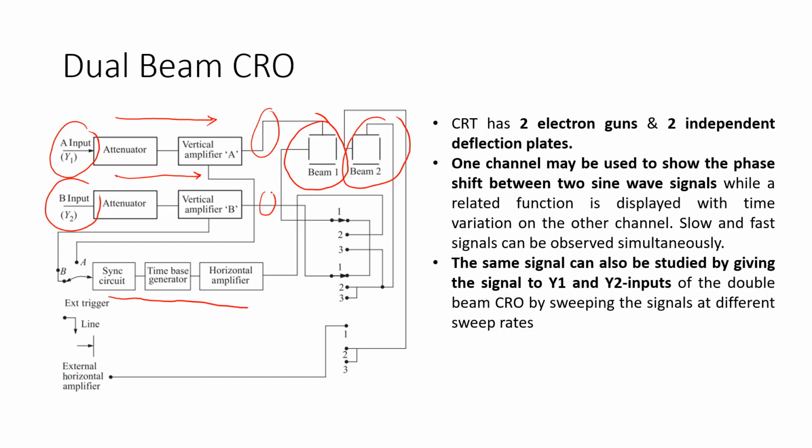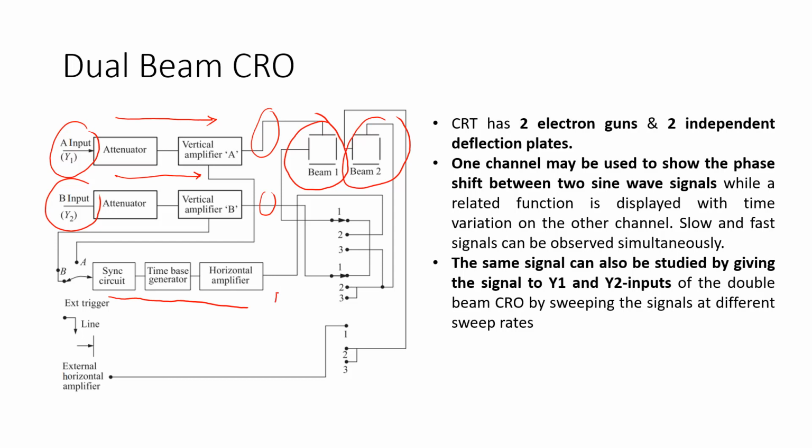We use the select switch here. We have 3 switches from each amplifier, and then we also have an external horizontal amplifier. We have two horizontal amplifiers here.